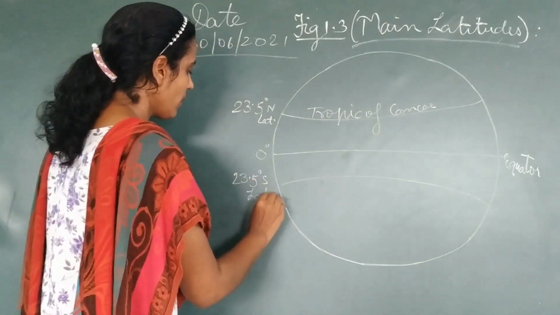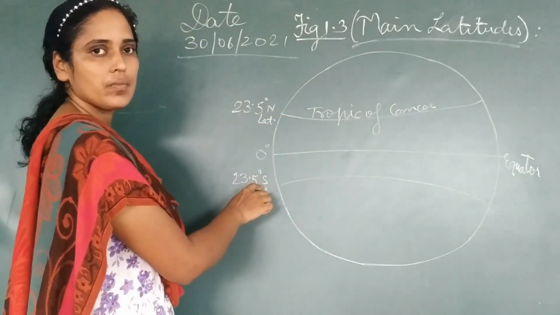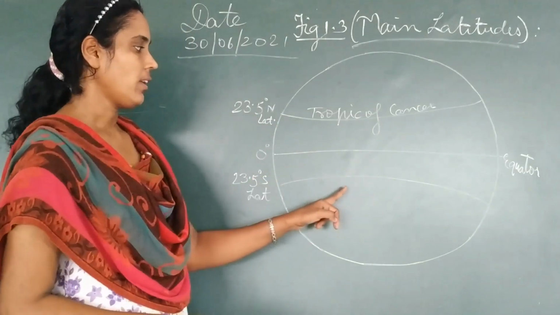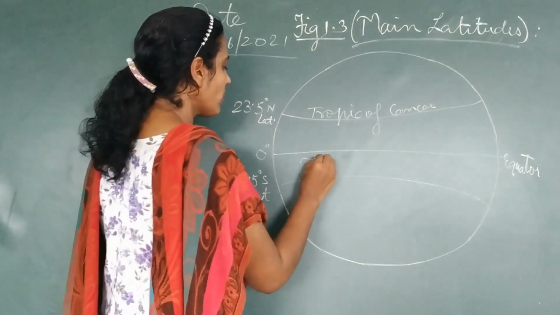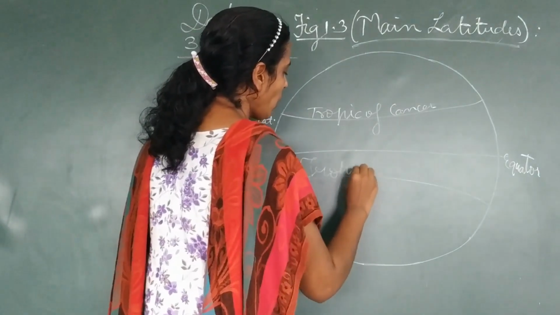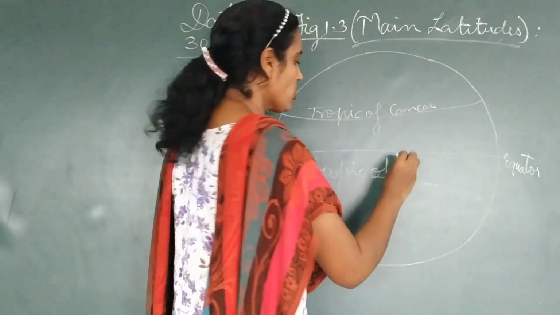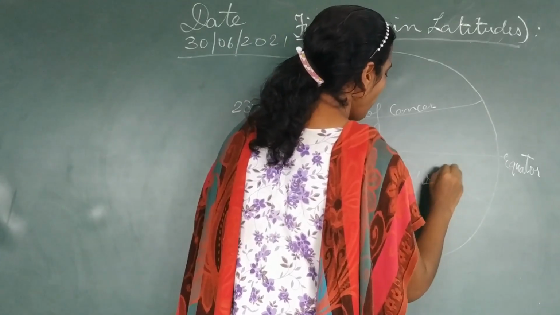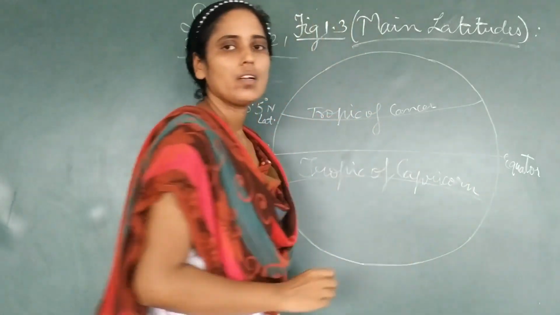Here to the end there will be S. And that is Tropic of Capricorn. You write here: tropic means area, specific region. Tropic of Capricorn. Very good.